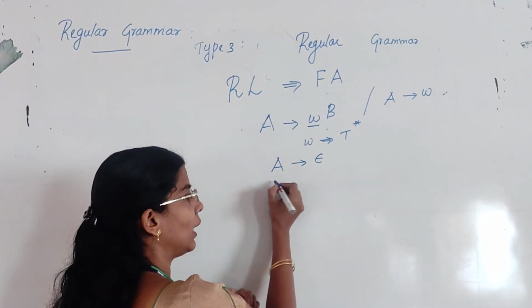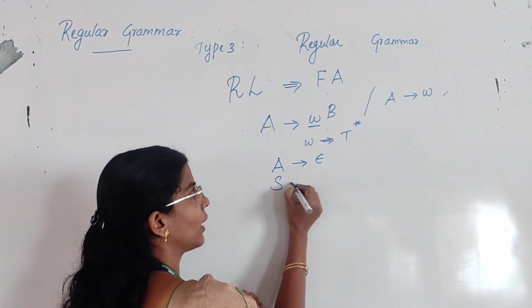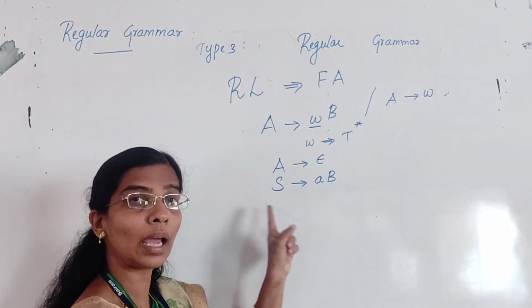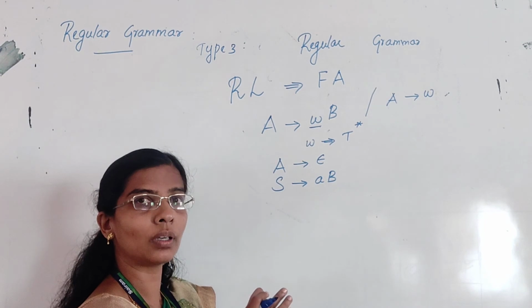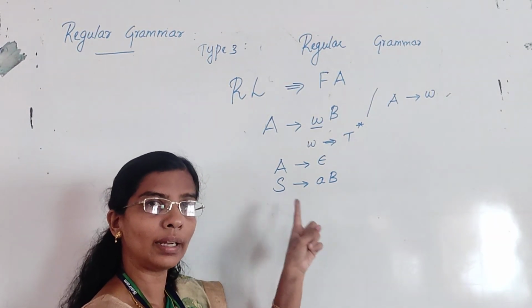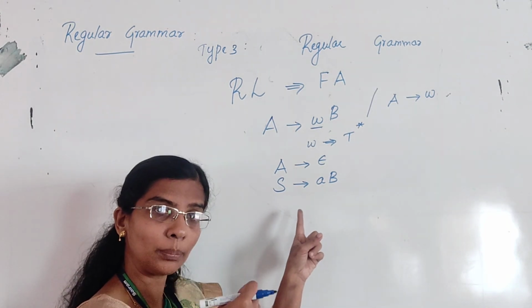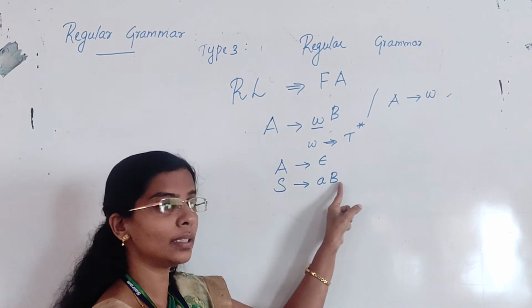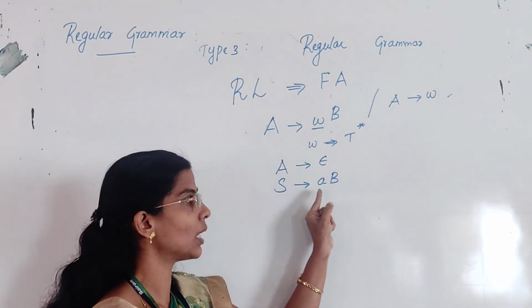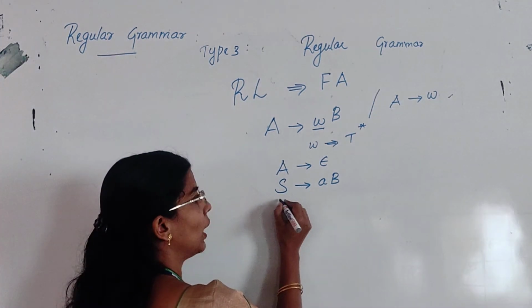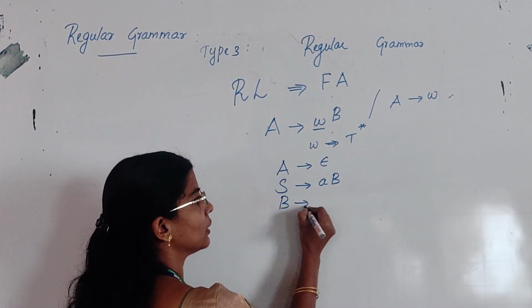And next, I can have this. Which grammar is it? Regular grammar. How do you know? On the left-hand side I have a non-terminal, and the right-hand side starts with a terminal and ends with a non-terminal. Next I can have something like this.